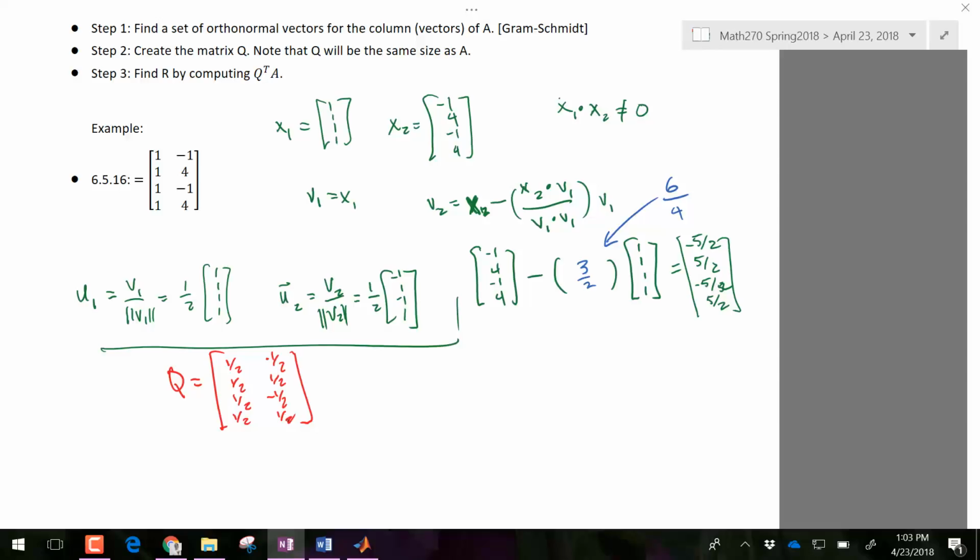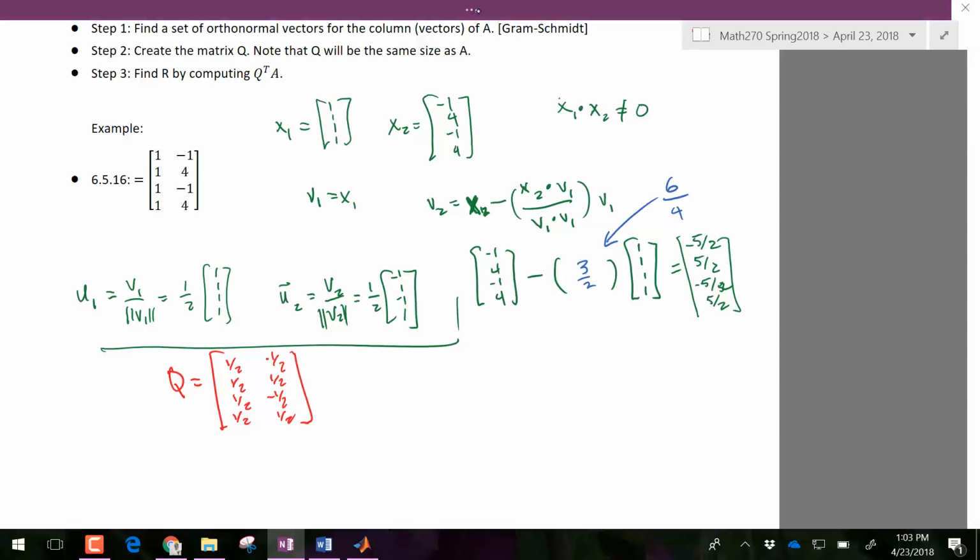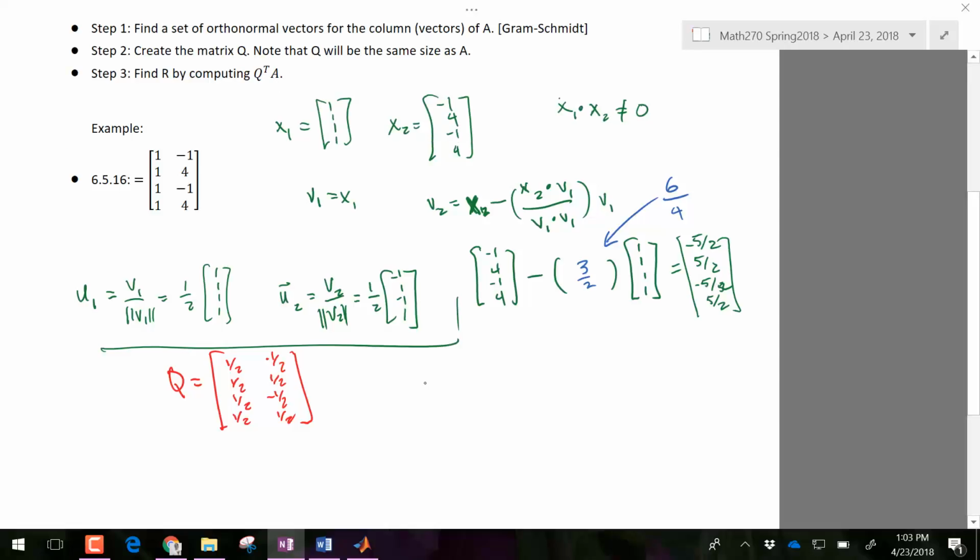So now to find our R matrix, we would multiply the transpose of this with A. So R is going to be Q transpose times A. Q transpose is this thing written sideways: minus a half, positive a half, minus a half, positive a half, and then multiply that with A: 1, 1, 1, 1, negative 1, 4, negative 1, 4.